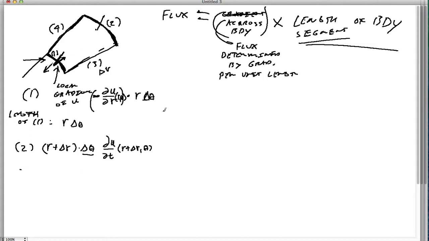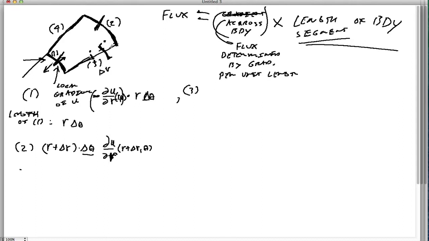Might as well get the third now. For the third, we have to think about the local gradient on this side. How do we take a derivative going across there? We take the derivative with respect to r on the earlier sides because we're going in the radial direction. But now we're going to take derivatives in the angular direction, because we want to know the gradient going across this side.